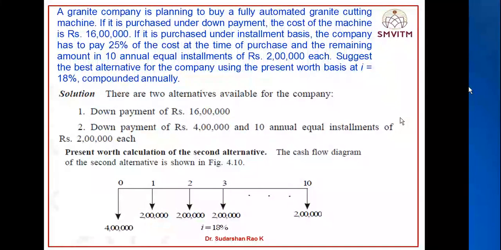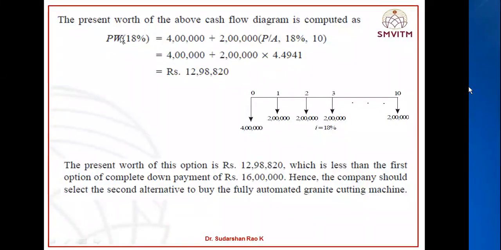So here is the present worth calculation. This is the cash flow: 4 lakh initial payment and 2 lakh every year for 10 years. This is the cash flow diagram. For the present worth of the cash flow diagram, because all these are costs only, it is not necessary to use the sign; all are negative or positive only.